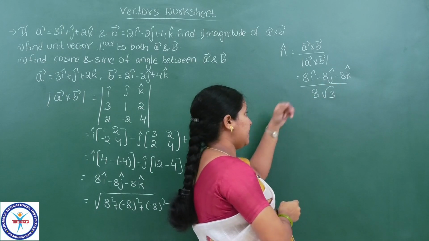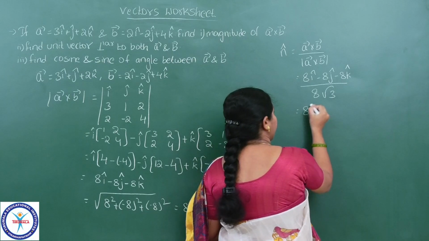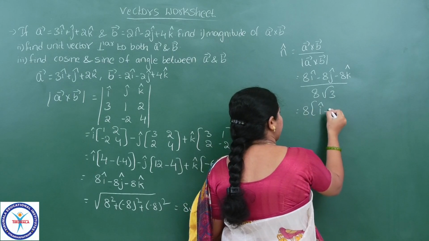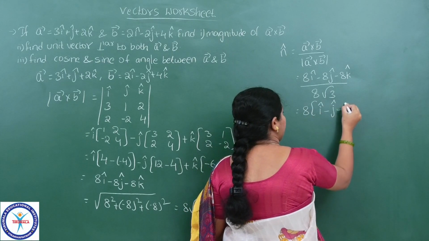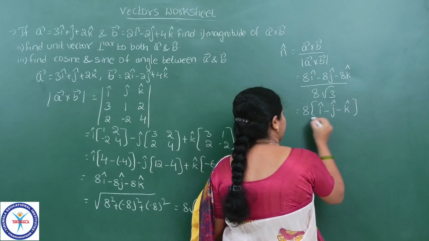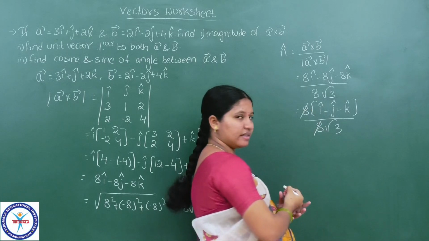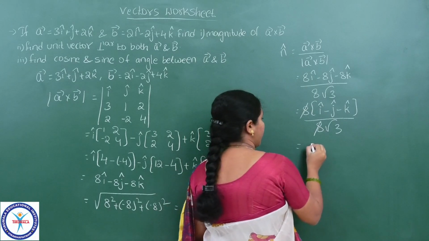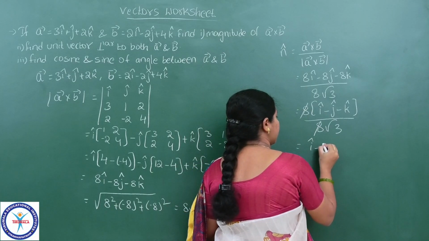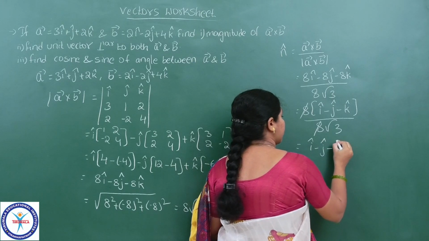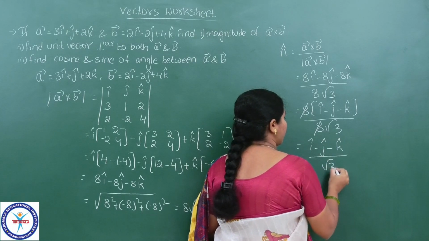Now, take 8 as common in the numerator, we get i cap minus j cap minus k cap by 8 root 3. 8 and 8 get cancelled. So, we have i cap minus j cap minus k cap by root 3.